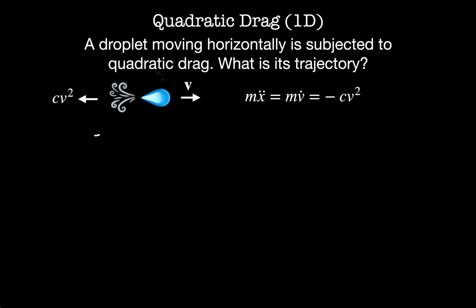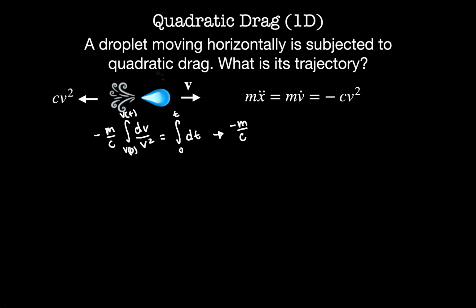So we have minus m over c times dv divided by v squared is equal to dt. And so we can integrate this from v naught to v of t, and integrate this from 0 to t. So this gives us an equation for velocity.